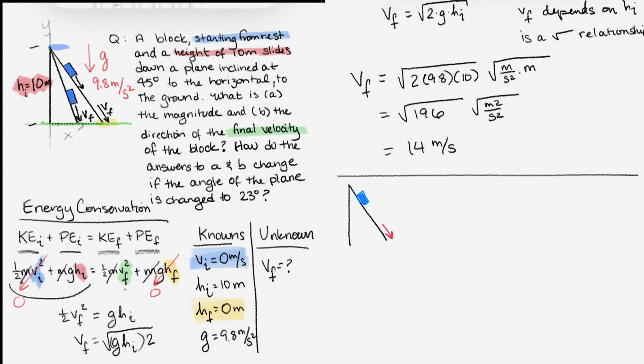Well, this is really a right triangle, and this is some angle. We could answer this for a 45-degree angle or a 23-degree angle. So the final velocity is going down this hill in line with the inclined plane.